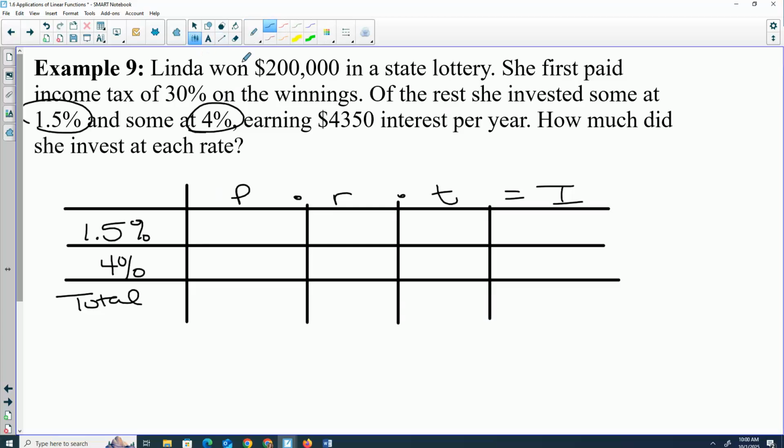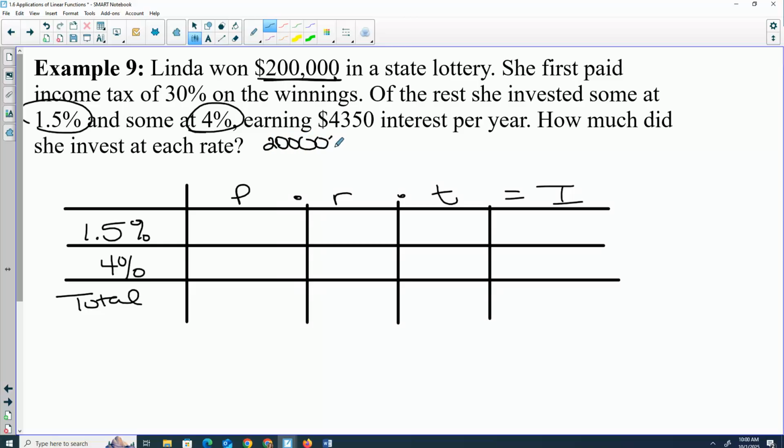Okay. She won $200,000. Is that the amount she was able to go invest? No, because before she ever got that amount, she paid taxes. So what should I do? Okay.